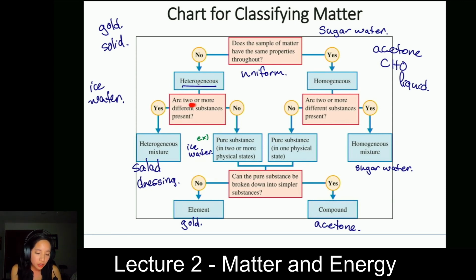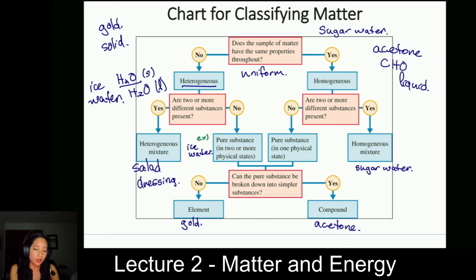So now you need to ask yourself, are there two or more different substances present? In this case, ice is just water, H2O. Water is also H2O. They're just in different phases. Ice is a solid, water is a liquid. So if I say no, there aren't two substances present, it's technically still a pure substance.